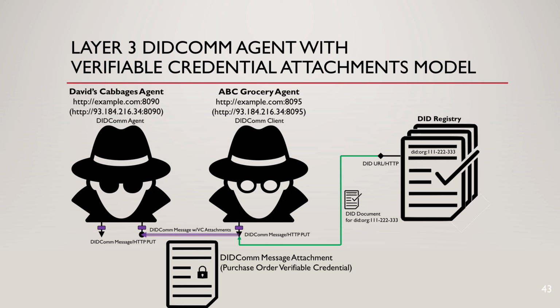So there's no privacy or encryption or anything available with verifiable credentials. So that's one thing about verifiable credentials. With DIDComm messages, they are authenticated encryption. So that means that only the receiver can decrypt it.